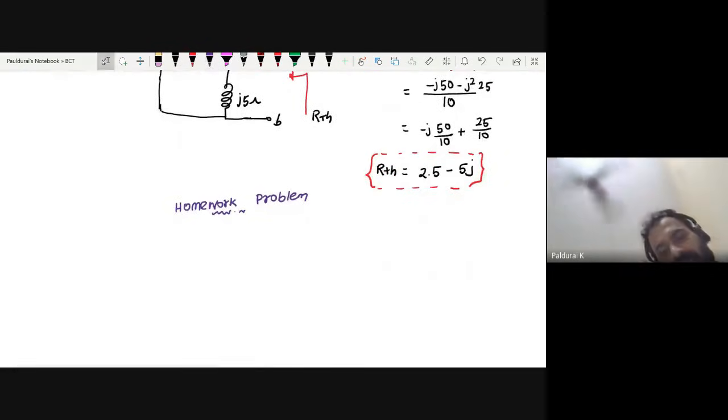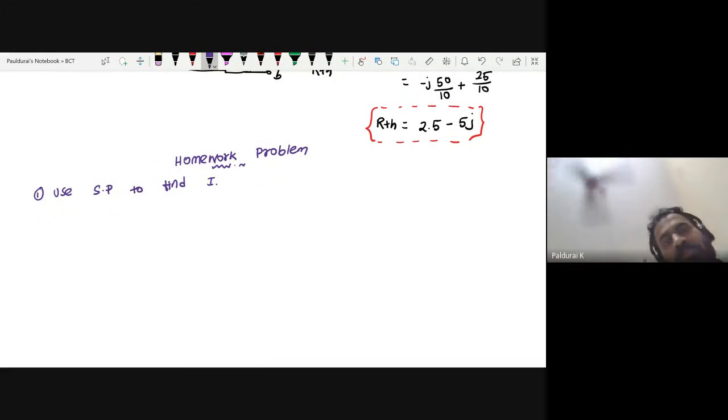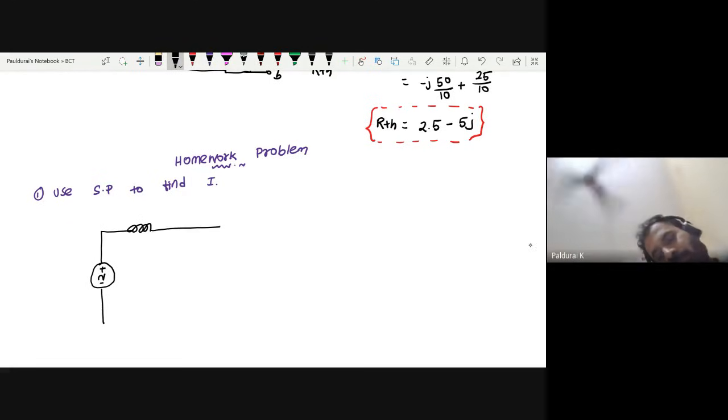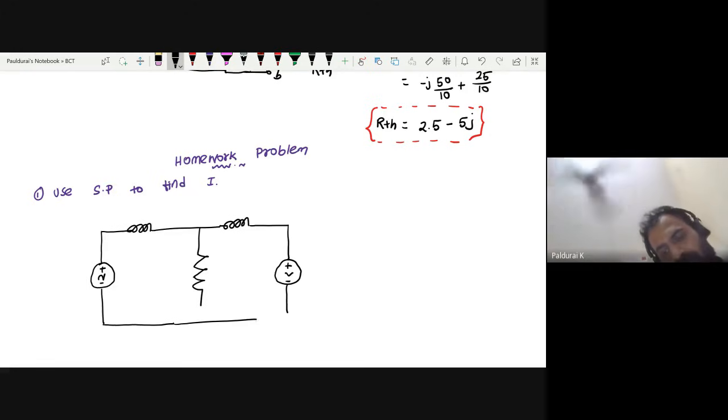Use superposition to find I. So the given circuit, you know, this is 3 cos 2t volt, and this is 4 cos 5t volt.